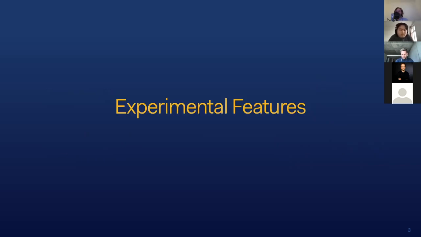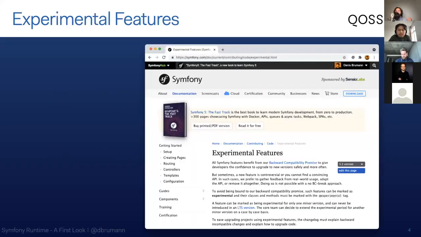One note on experimental features in Symfony. We heard the term before in the first talk. Just to give you an idea what experimental means in terms of Symfony features, it doesn't mean that the feature is unfinished and basically you can expect if you run it that you will have bugs or anything.